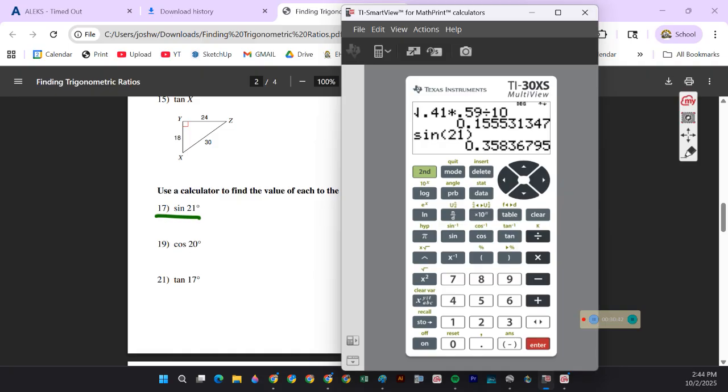As long as it says DEG, it will spit out the right answers. If I changed it to say RAD, and I did the same problem, the sine of 21, I'm going to get a totally different answer. So your calculator has to be in degrees for this to work. That's the default, so you probably won't need to change it.